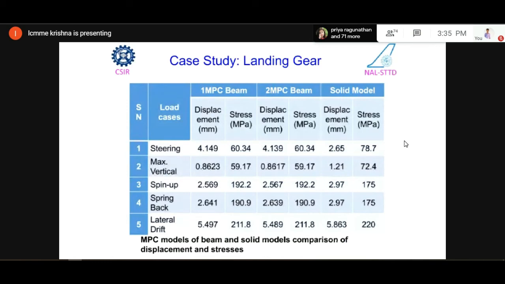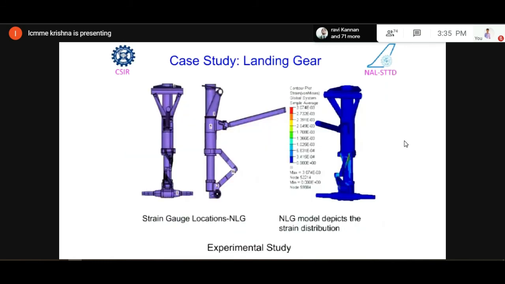Coming to the experimental part, here you can see we have put 6 strain gauges to measure the strain values, and we have a corresponding model of the nose landing gear. You can see the strain distribution shown here.